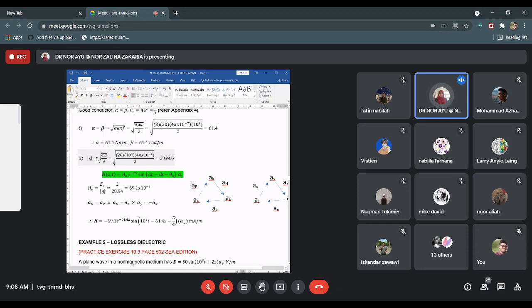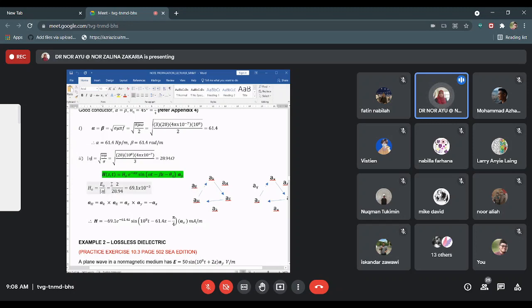Again look into the good conductor part of the appendix to find the equation for the intrinsic impedance. You just substitute the value. Omega is 10 power of 8, mu r is 20, mu naught is 4 pi times 10 power of minus 7, divided by conductivity 3, and you will get the value 28.94.